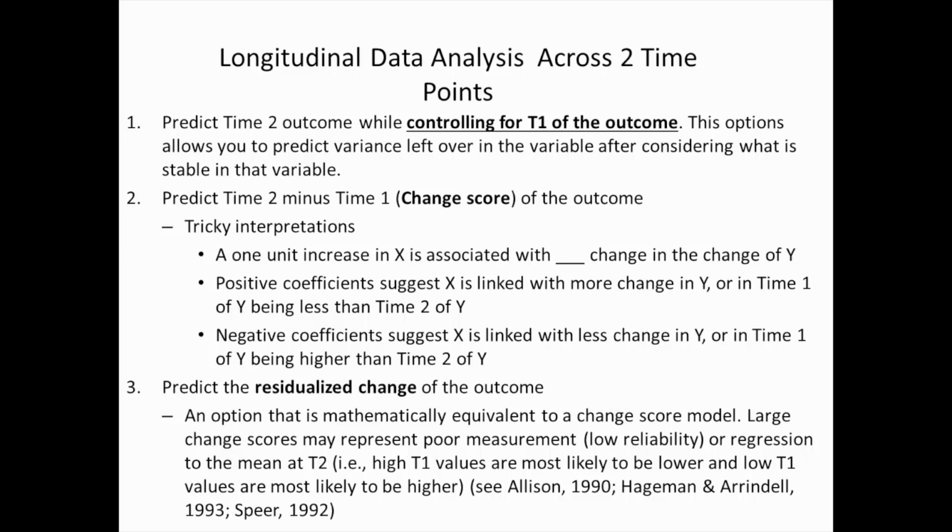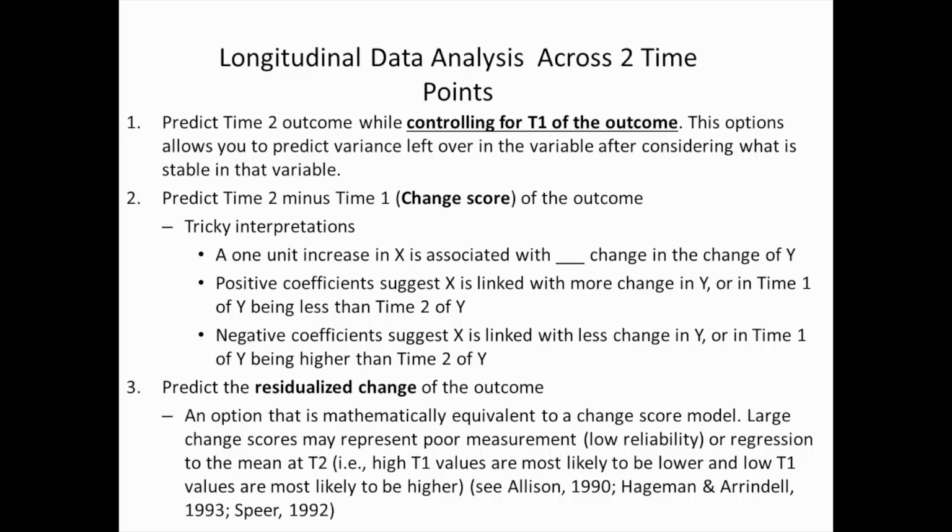A negative coefficient suggests X is linked with less change in Y. So the issue here is that a positive coefficient suggests more change, a negative coefficient suggests less change, but what it doesn't help you with is if someone's change score is positive or negative.